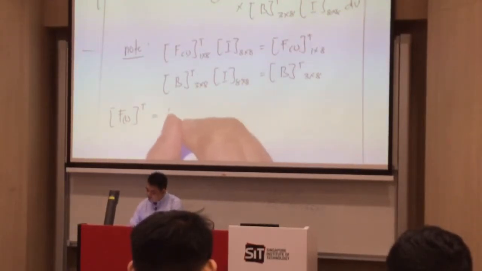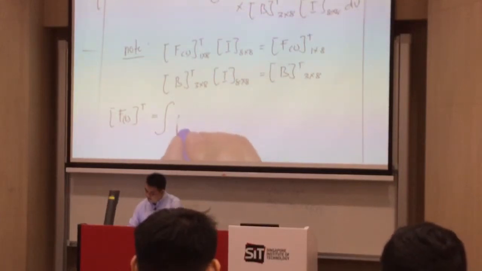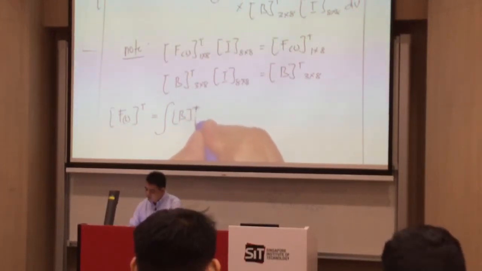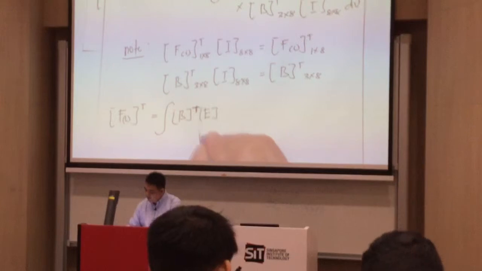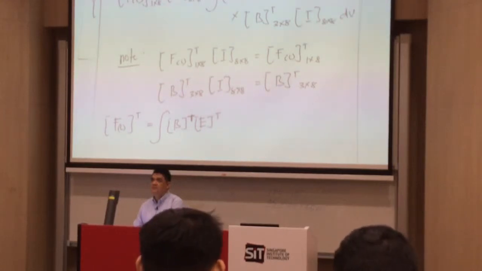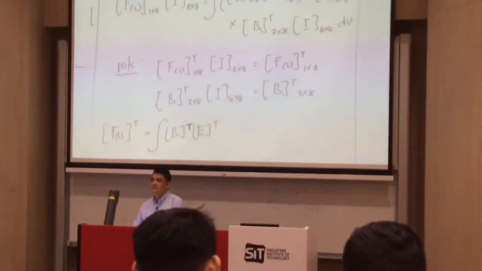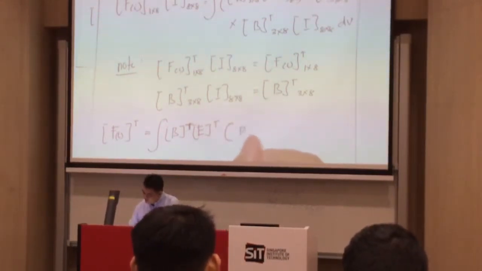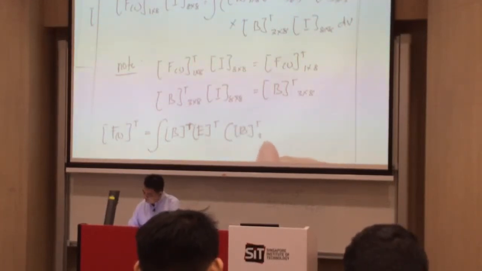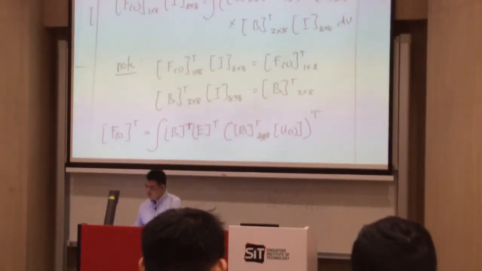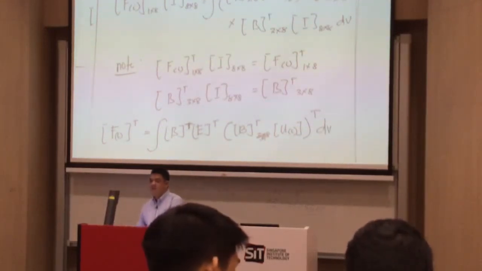So I can have this one to be the volume integral of B transpose there, I'll put in an E here, which is transpose, and then I'll put in this one here. Transpose dV.